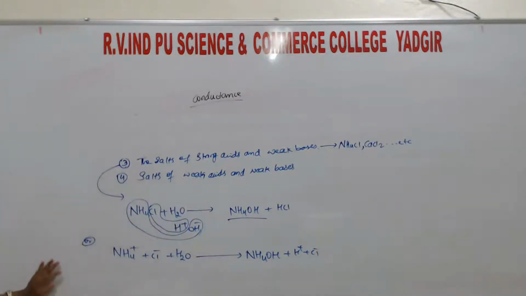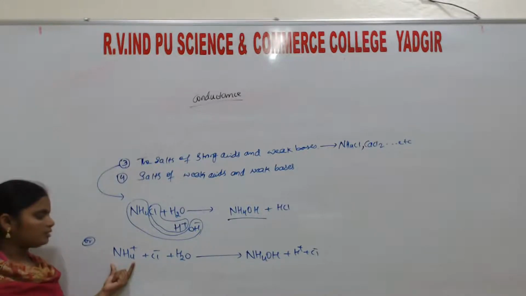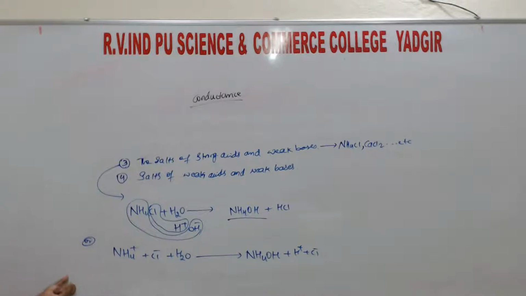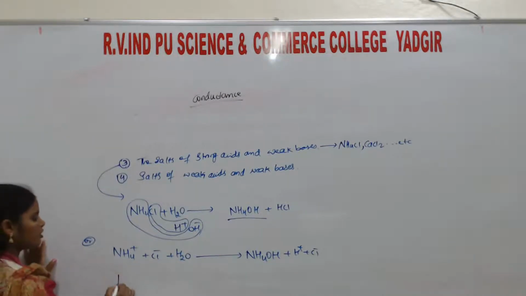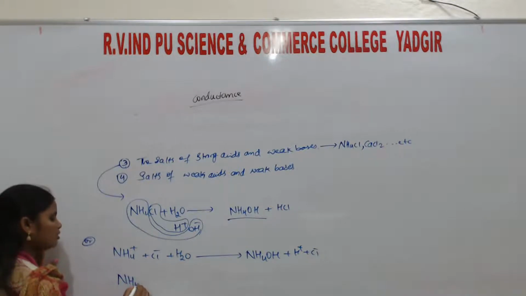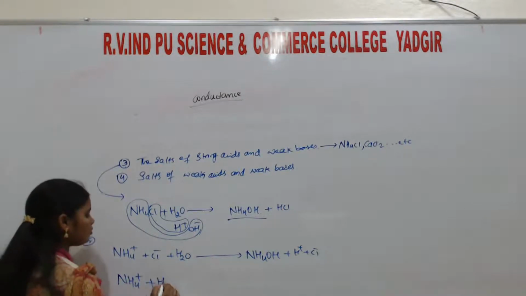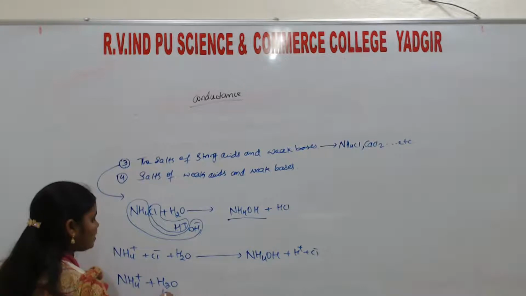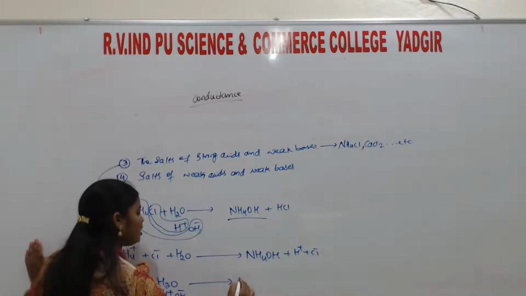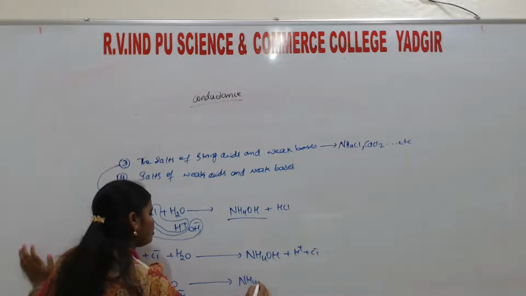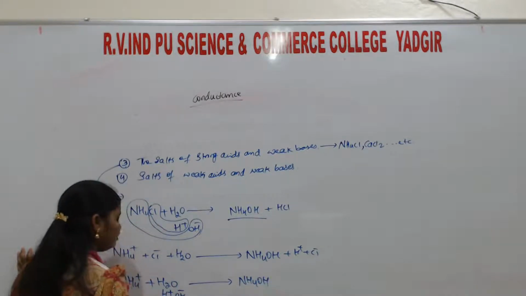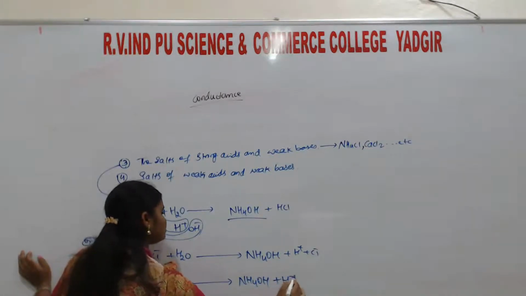And the overall reaction is NH4 plus and H2O, that is H plus OH minus, to form NH4OH, ammonium hydroxide, plus H plus.